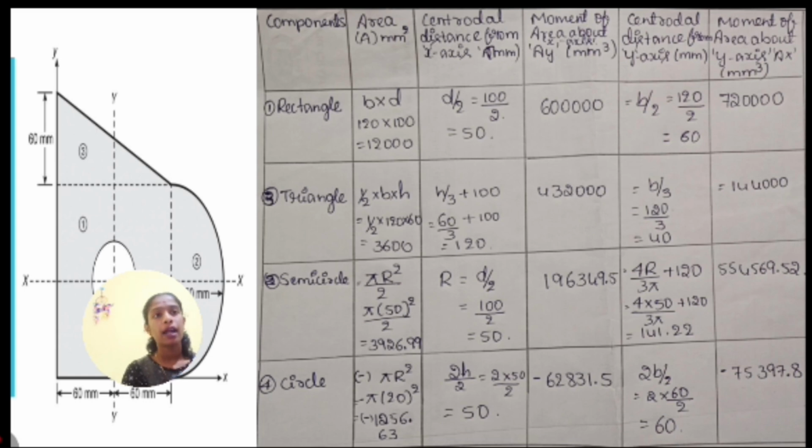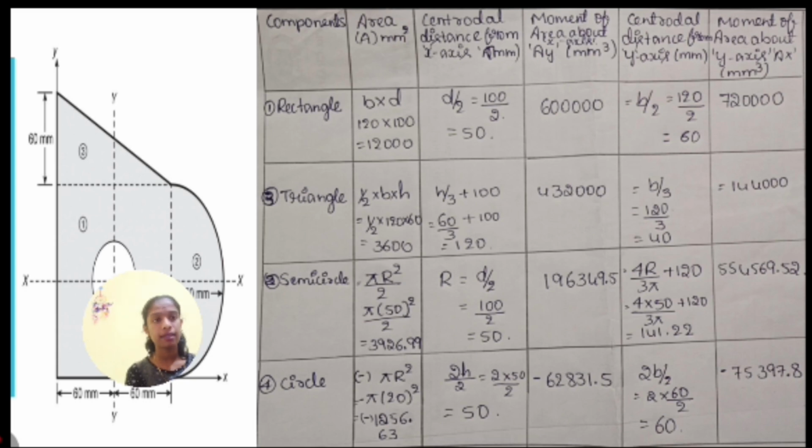Next we have to calculate the centroidal distance from the y-axis in millimeter. Centroidal distance from the y-axis for the rectangle is b by 2. B is 120. 120 by 2, we get 60. And for a triangle, we have b by 3. B is 120. 120 by 3, we get 40.